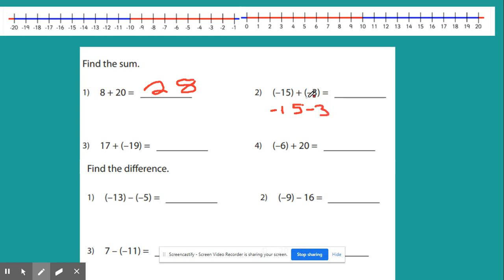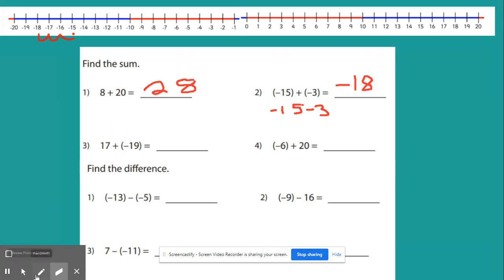When you are adding a negative, it's the same as minus. Now, to utilize our chart up here, we want to start at -15, our first number, and -3 tells us to go to the left. -1, 2, 3 gives us -18. Okay?